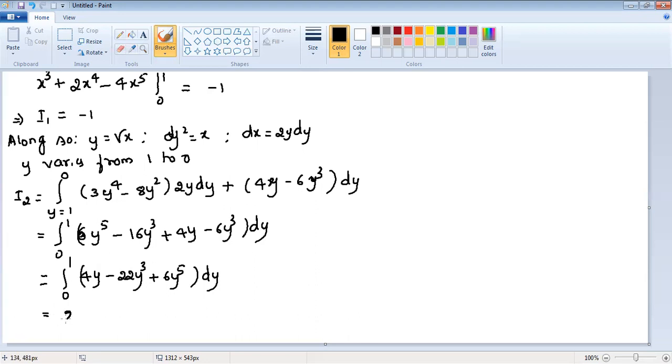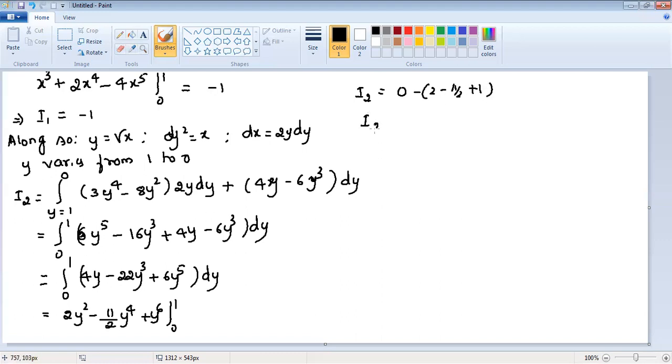So it is 2y squared minus 11 by 2 y raised to 4 plus y raised to 6, limits from 0 to 1. When you substitute the limits, I2 is equal to 0 minus 2 minus 11 by 2 plus 1.